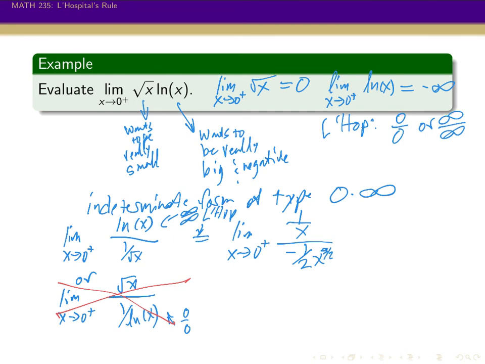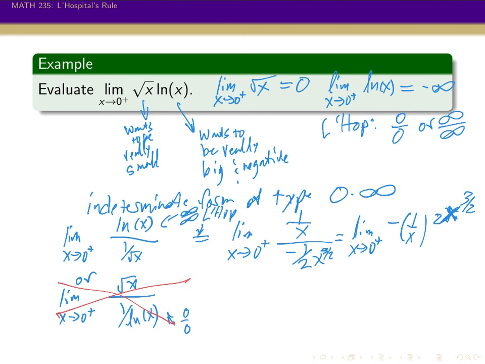And so now I've got fractions over fractions, and so I can rewrite this as the limit as x goes to 0. I'll pull the minus sign out, 1 over x, and then taking the reciprocal of the bottom is going to be 2 x to the 3/2.